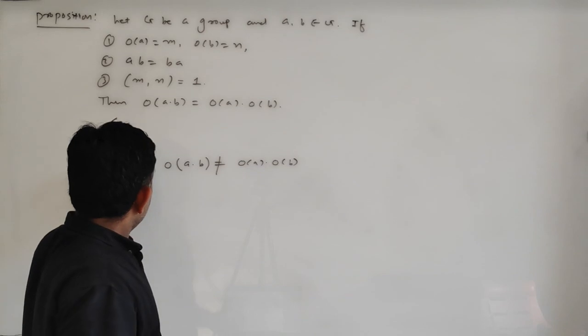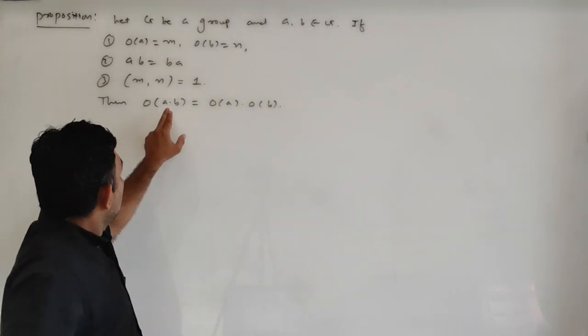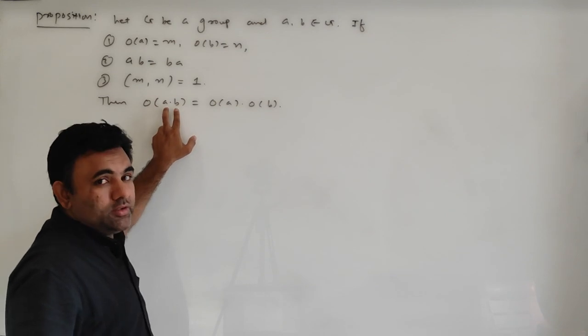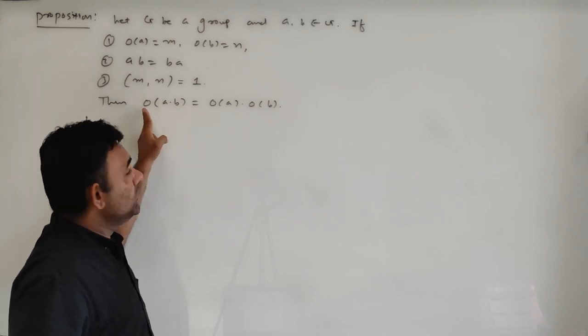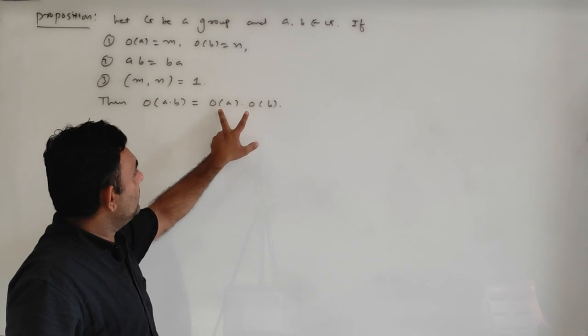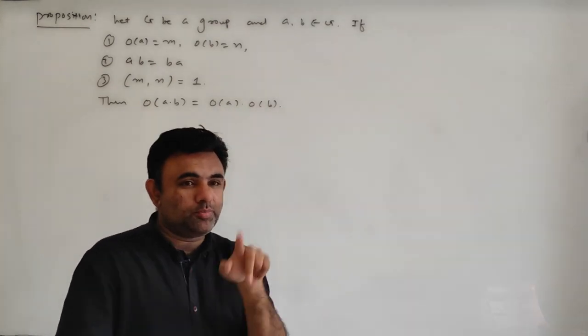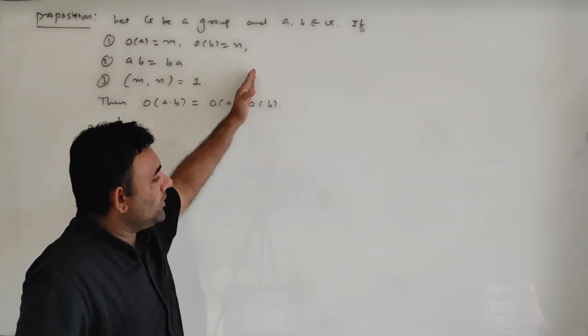Okay, so if this happens, then what we have? Here we are considering the product on the left-hand side, then we are finding the order. Means order of the product is what? Product of the orders. So the order of the product is the product of the orders. This happens if I have these three conditions.